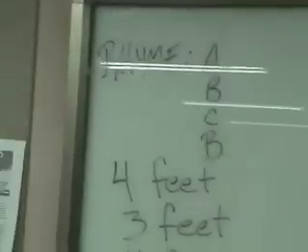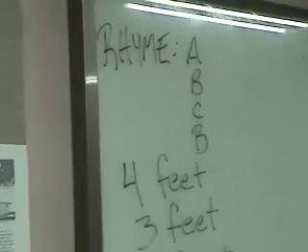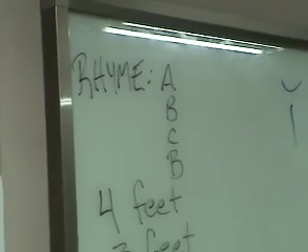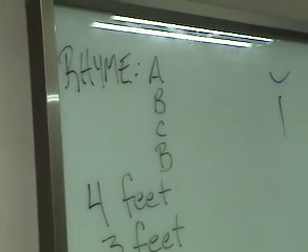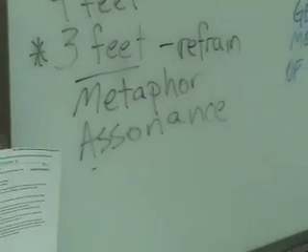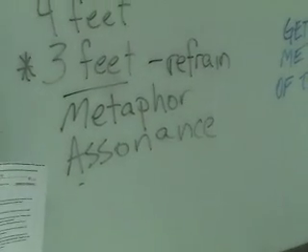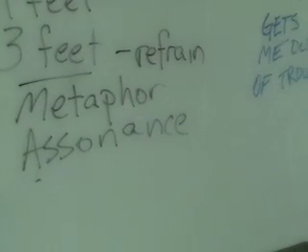Here's your rhyme scheme. Each verse, you have 3 verses. Each one goes in rhyme A, B, C, B. So only the 2nd and 4th lines rhyme. Metaphor, assonance, and alliteration.